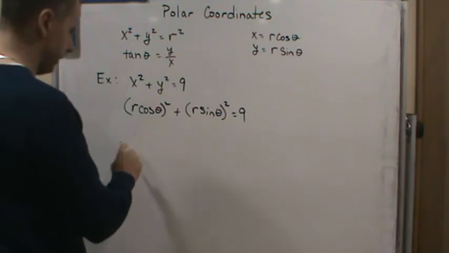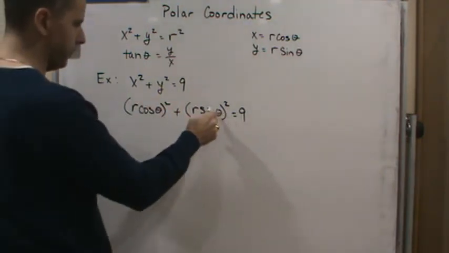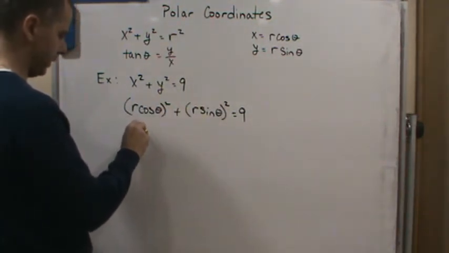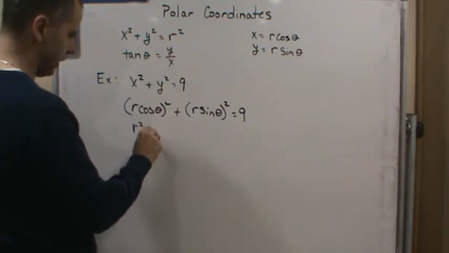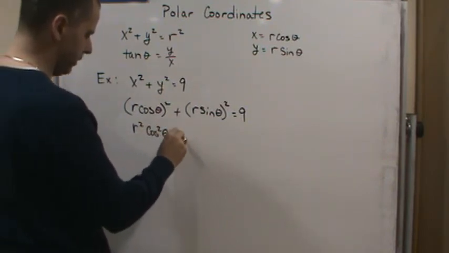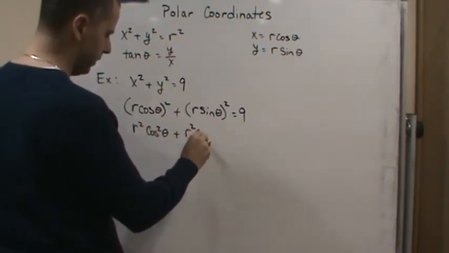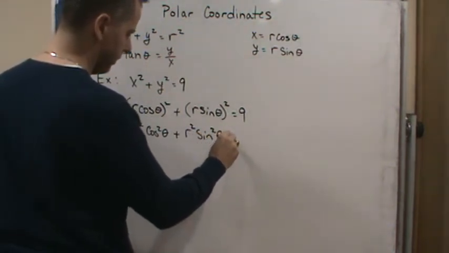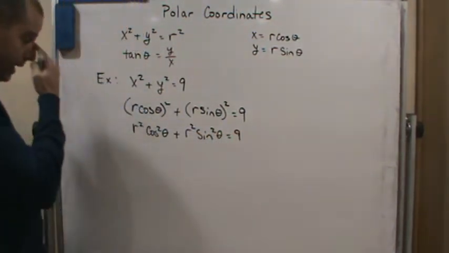Now we're going to simplify this. I'm going to distribute the exponents. So this is going to be r squared times cosine squared theta plus r squared sine squared theta, which is 9.